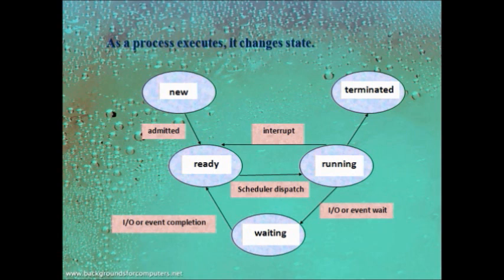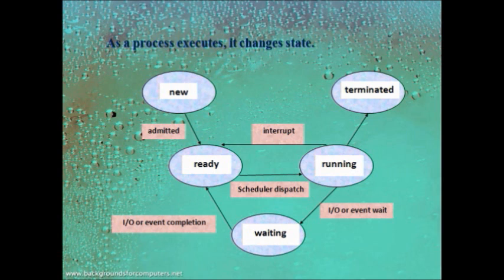In this state, the process awaits admission to the ready state. Ready state: a process moves to the ready state when it is loaded into the main memory and is waiting to be context switched onto the CPU by the dispatcher.